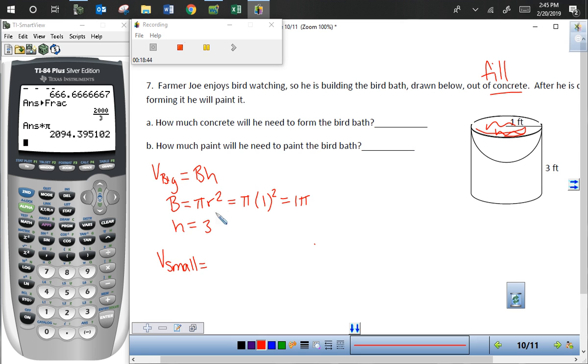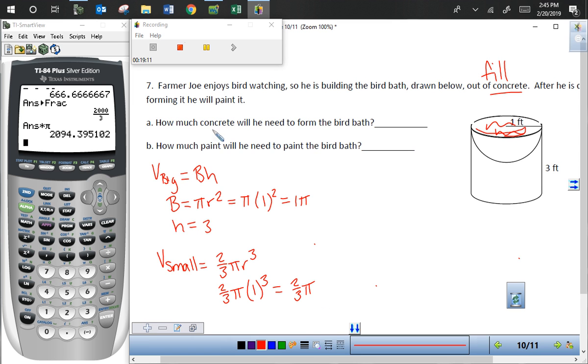The volume of the small shape, that's our hemisphere we were just talking about. So that's 2/3 pi r cubed. That looks like 2/3 pi times our radius, again, is 1 cubed. Now, if 1 times 1 was 1, 1 times 1 times 1 is still 1. So this just looks like 2/3 pi here.